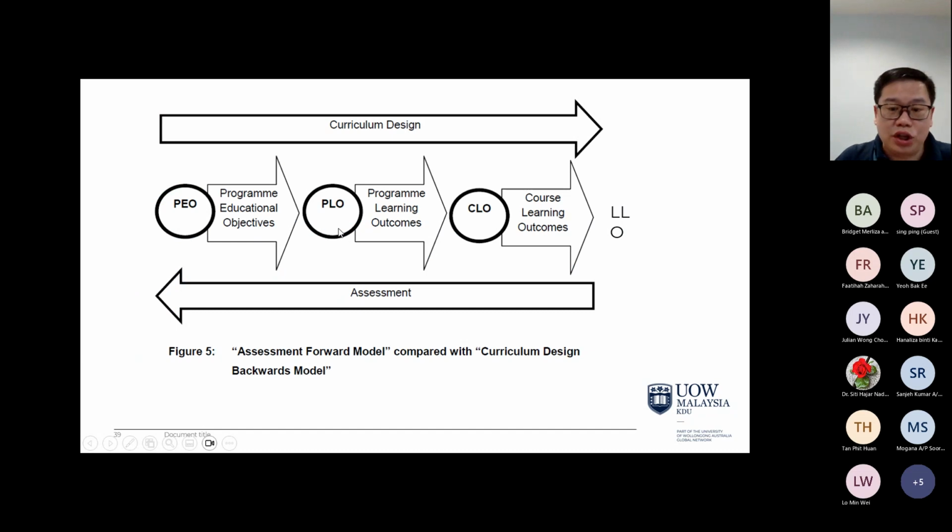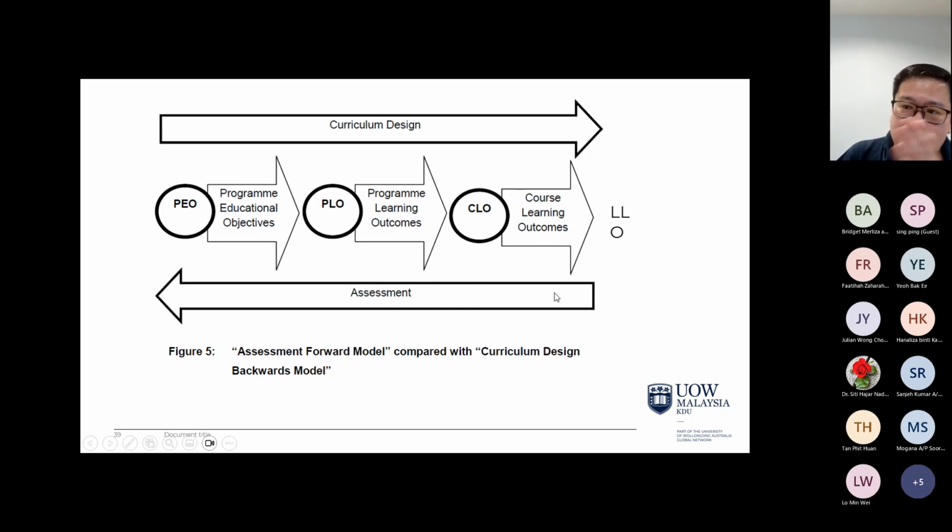Okay, so when you look into assessment itself, it's the other way around. When we talk about curriculum design, it is this way: PEO, PLO, CLO, and LLO. When we talk about assessment, it is LLO. It is from the bottom. So when you achieve your LLO, you achieve your CLO, you achieve your PLO, and finally you achieve your PEO.